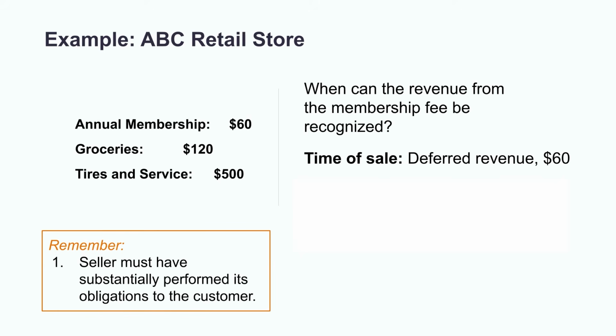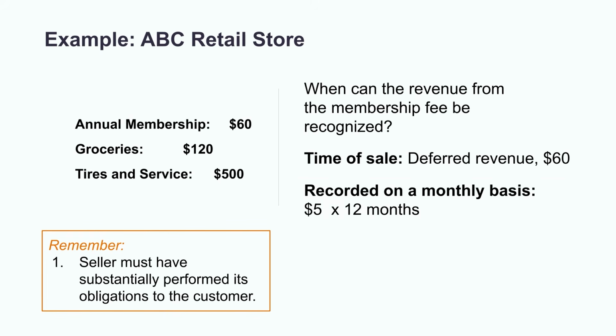Which brings us to the next question, which is when and how can the company actually record revenue from this sale? Well, if we go back to criteria number 1, we remember that revenue can be recorded once the risks and rewards of ownership have been transferred. In this case, that will happen in multiple steps on a monthly basis as the service is provided over the span of that annual membership.